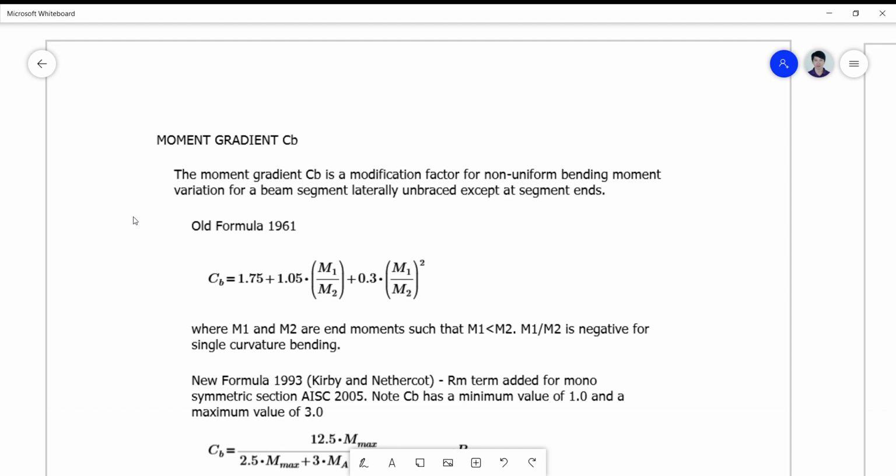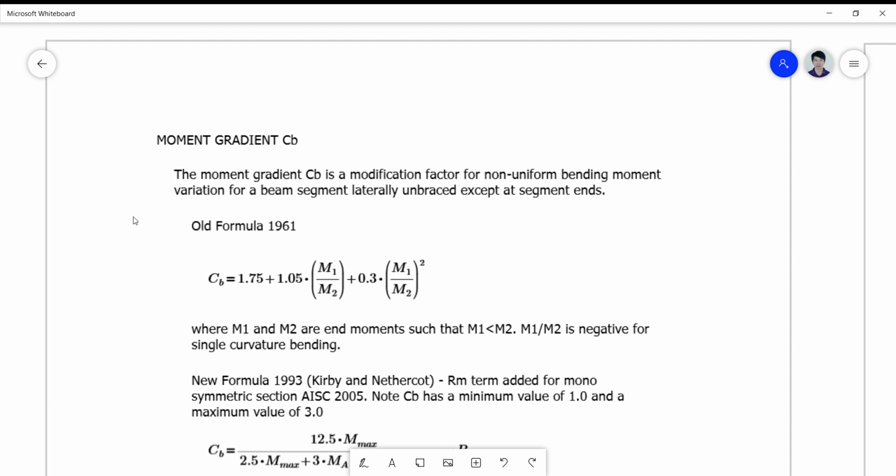Before we proceed with some problems on laterally supported beams, we need to first understand how we determine the modification factor for the moment gradient, Cb.